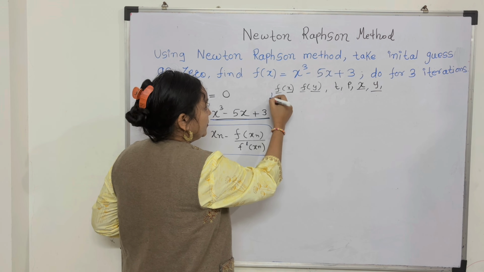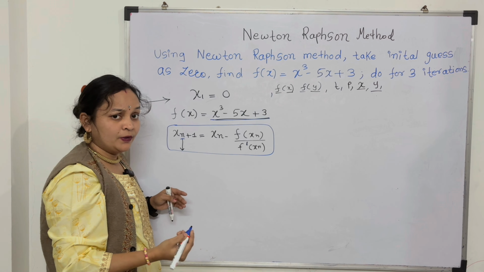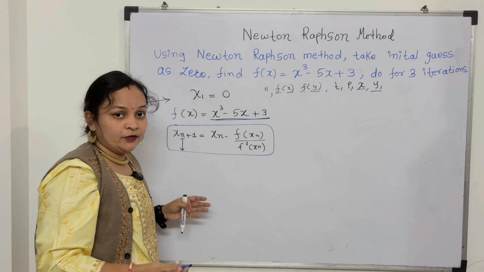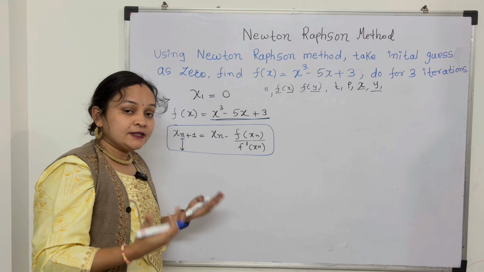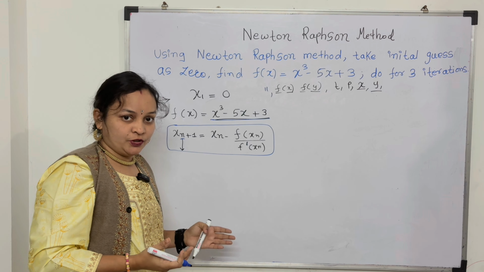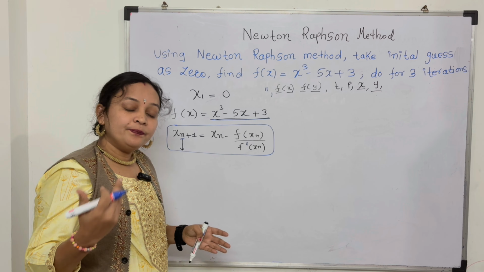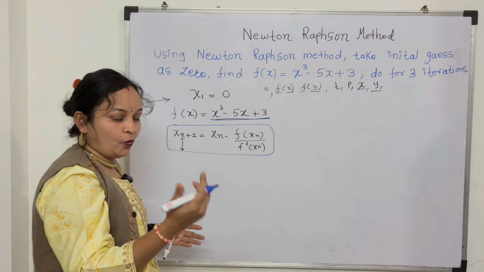In some numericals you are supposed to consider 2 dashes, that is the second derivative of that function. Firstly you do the first derivative, secondly the second derivative, and so on.